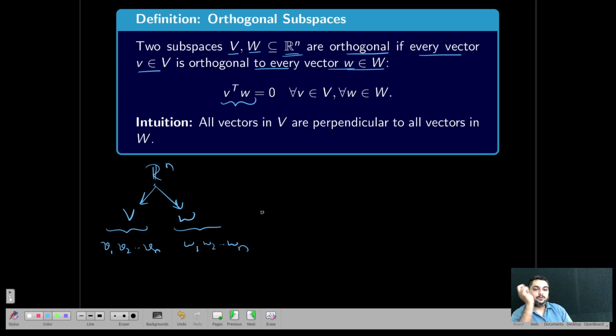If these two spaces are orthogonal to each other, then for every vector you take here, v1 transpose w1 should be equal to 0, v1 transpose w2 should be equal to 0, and so on. All the possible combinations should be equal to 0. Then only you'll say these two are orthogonal to each other.